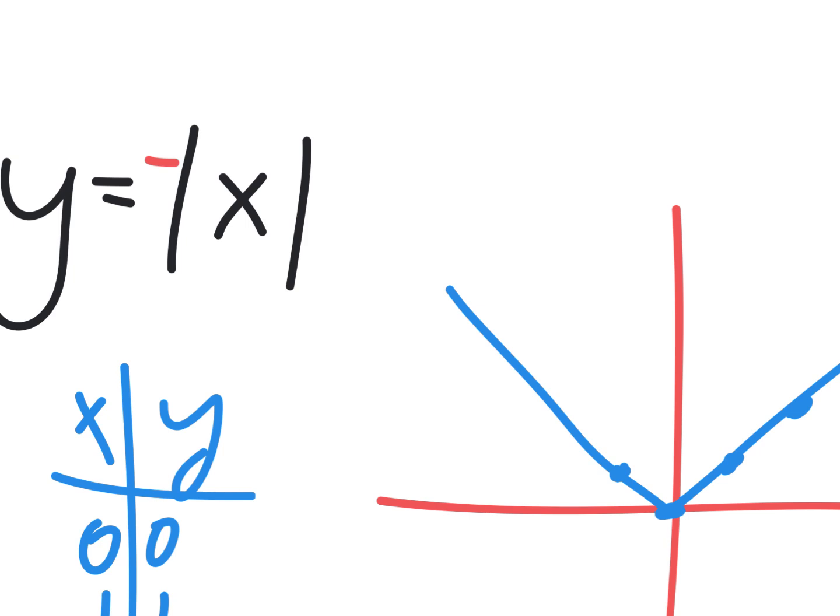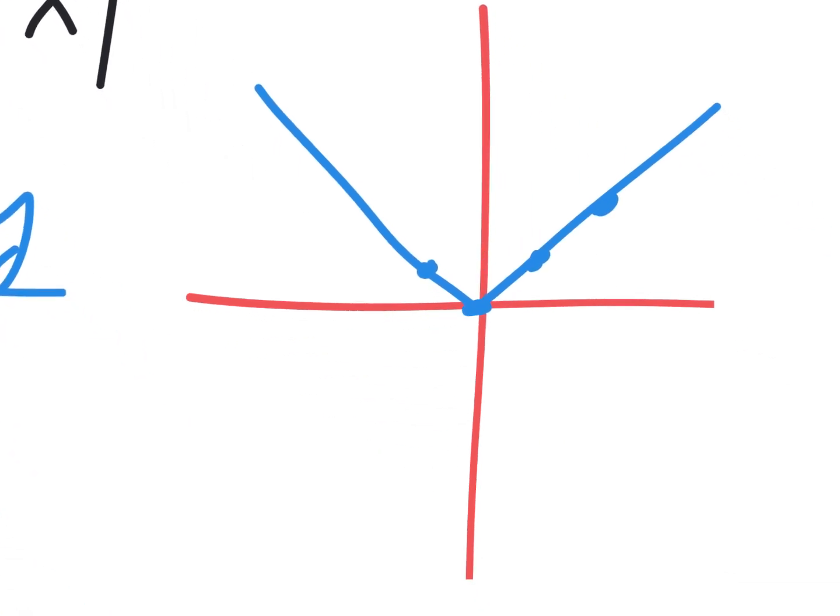Horizontal on the inside, and VO stands for vertical on the outside. Okay, good. Then, is this HI or VO? That's a VO. It's a vertical reflect. Can you picture in your head what I'm going to do to the graph to vertically reflect it?